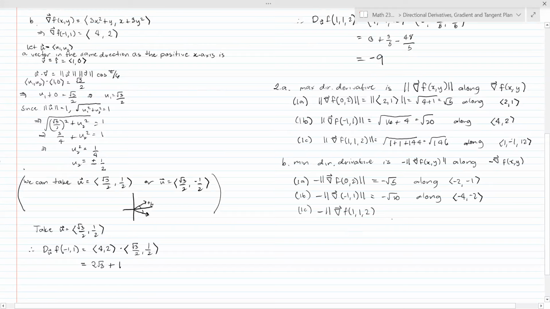So this is negative square root of 146. This is along opposite direction. So (-1, 1, -12).